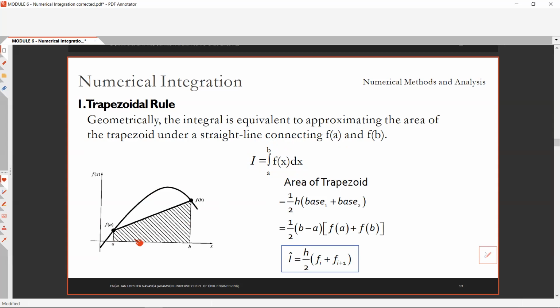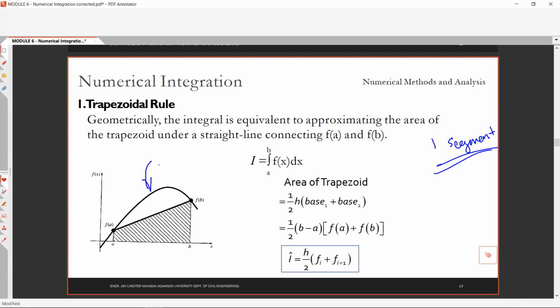We just look for points. This is one segment only. The trapezoidal rule says to make a trapezoid by connecting a straight line between the y values f of a and f of b. So, for example, one segment only. This is the function.